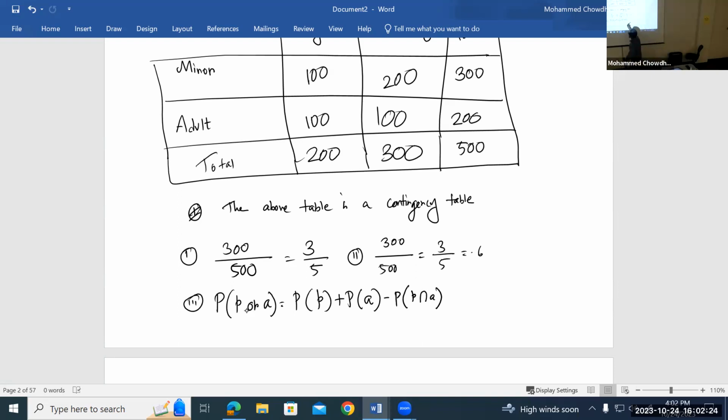Remember set theory, I have discussed this probability problem, right? In the set theory, probability of A union B, I discussed.